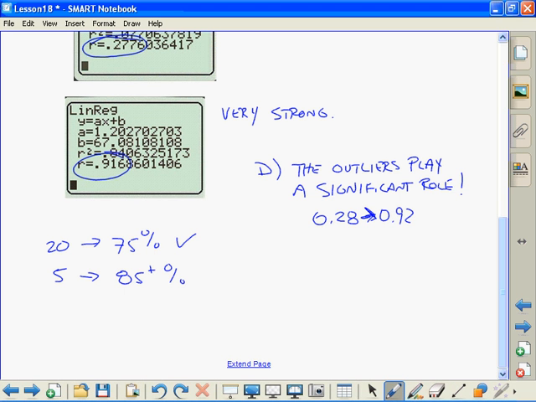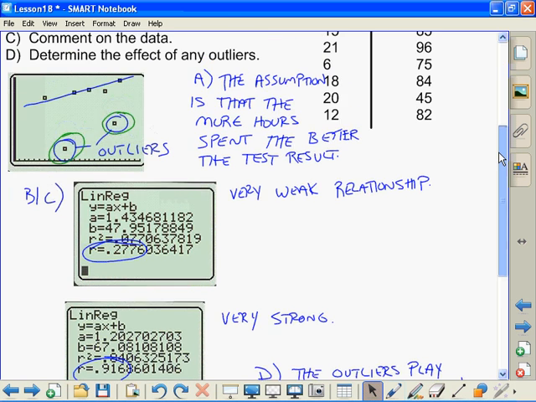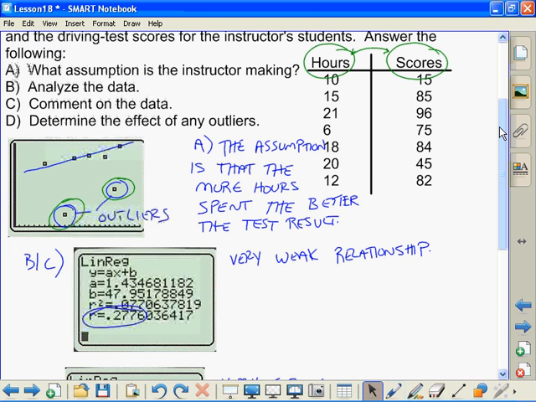So the instructor has to be very, very careful with this, because these outliers, or these students, so to speak, there's a lot of factors that go into whether you can actually remove them.